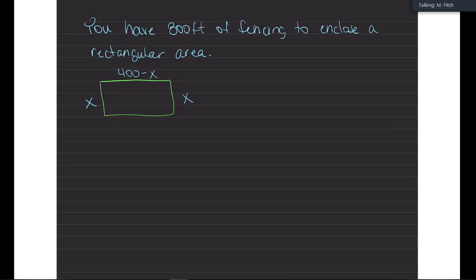If I said this was 50 and 50, which is 100, this would be 400 minus 50, which would be my 350, and my 350, which would give me my total of 800. And if my top is 400 minus x, I know the bottom's got to be 400 minus x.